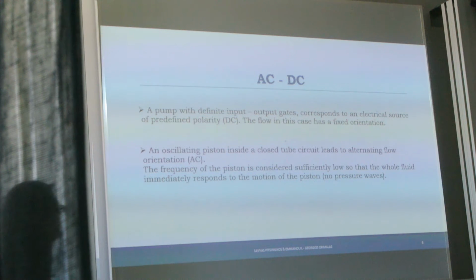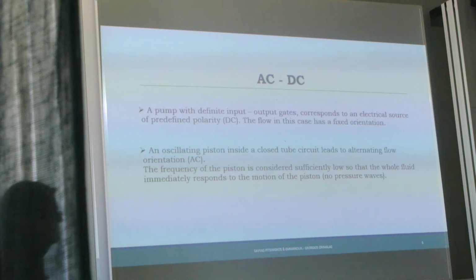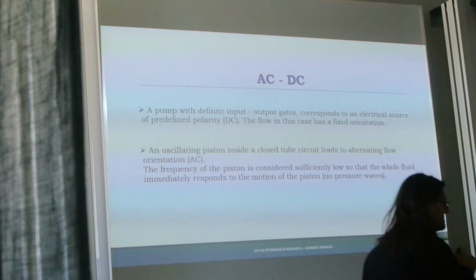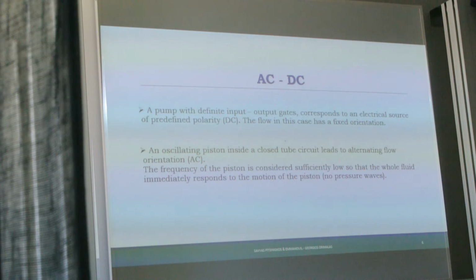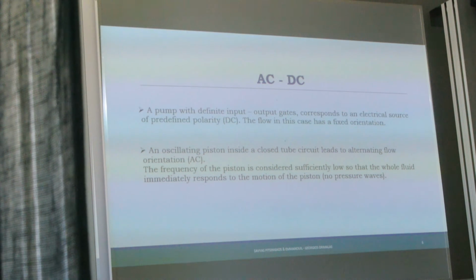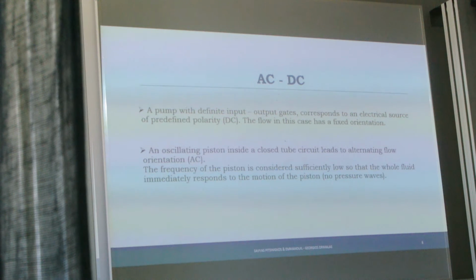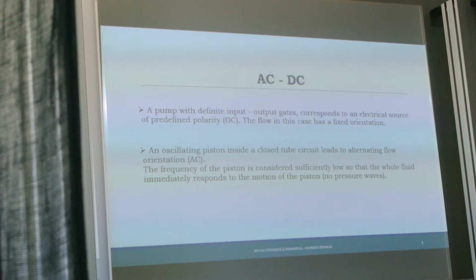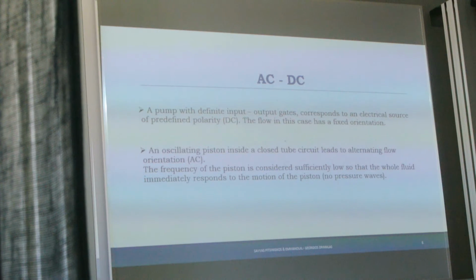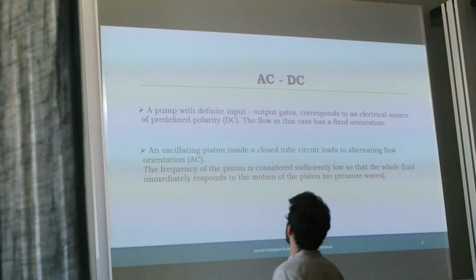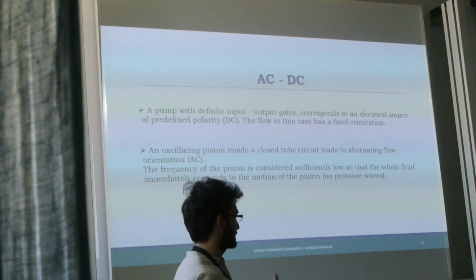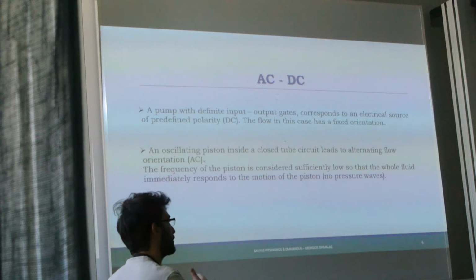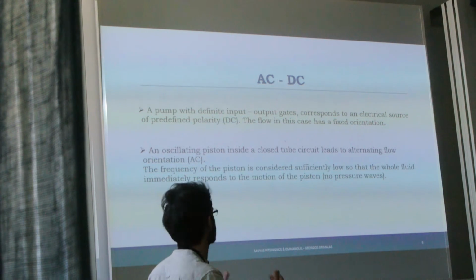If you have a DC circuit, the analogous for this is a pump with definite input and output gates. If we want to replicate an alternating current source, you need an oscillating piston inside the tubes that starts to oscillate, and along with it the whole fluid inside the circuit.